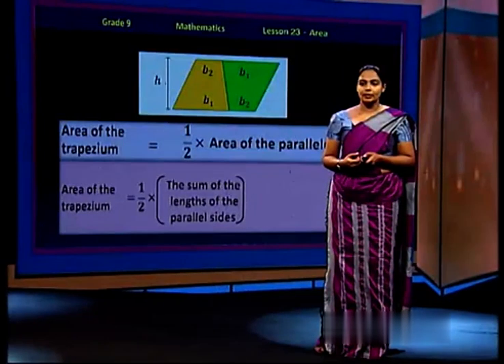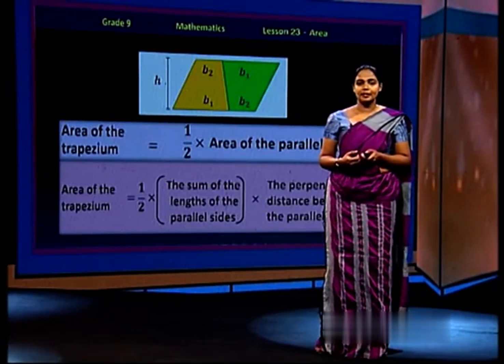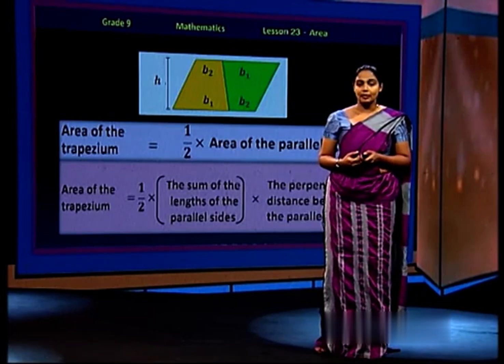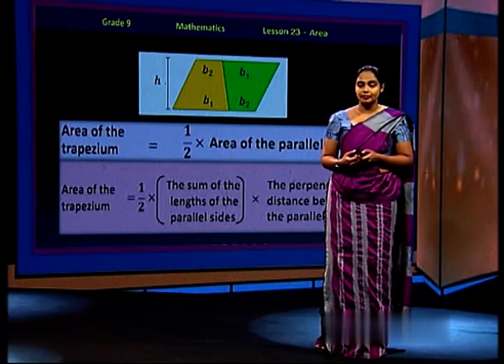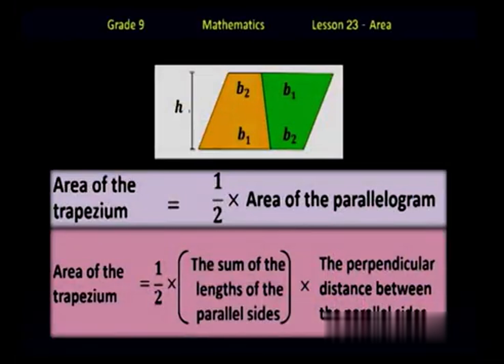and the perpendicular height, which is the perpendicular distance between the parallel sides. Now keep it in your mind. How can you find the area of a trapezium? Half into the sum of the lengths of the parallel sides into the perpendicular distance between the parallel sides. Now use this. Here again I am showing it.